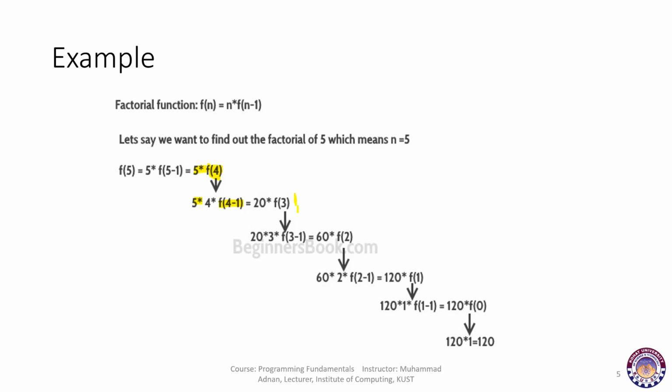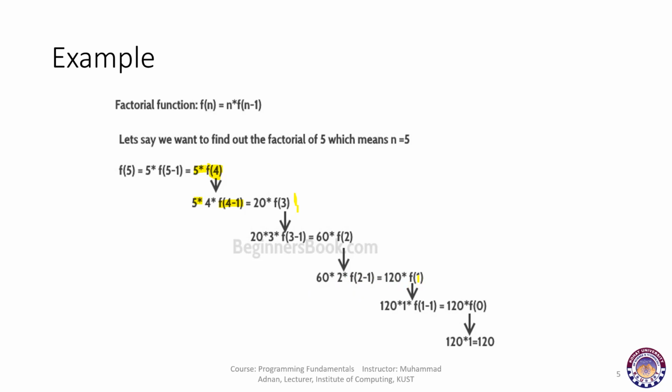Okay, so 20 multiplied by 3 is 60, and then f of 3 minus 1 is f of 2. And then we move on, and we multiply 60 with f of 2, which is 2 multiplied by f of 2 minus 1. The result is 120 multiplied by f of 1.